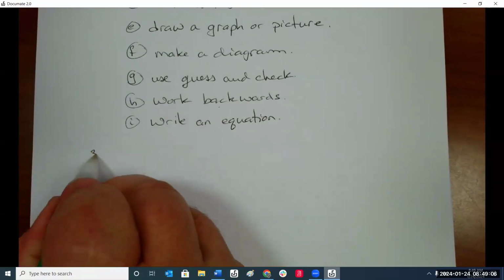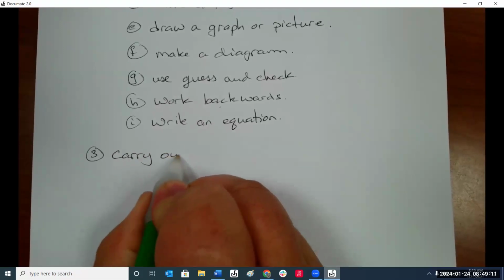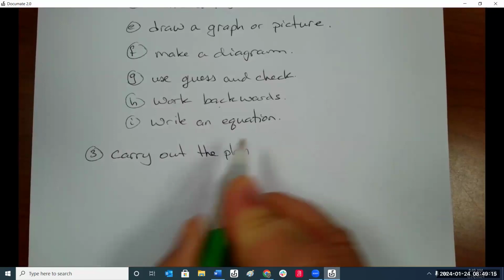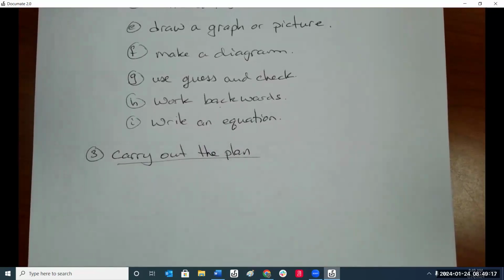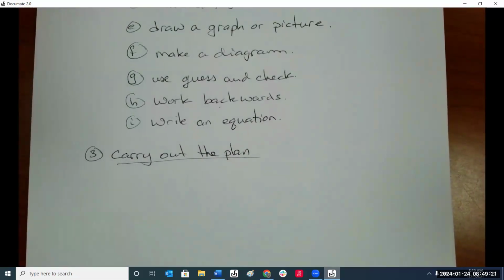Third method, a third step. Carry out the plan. And that's pretty much it. That's just carry out the plan, see what you get.